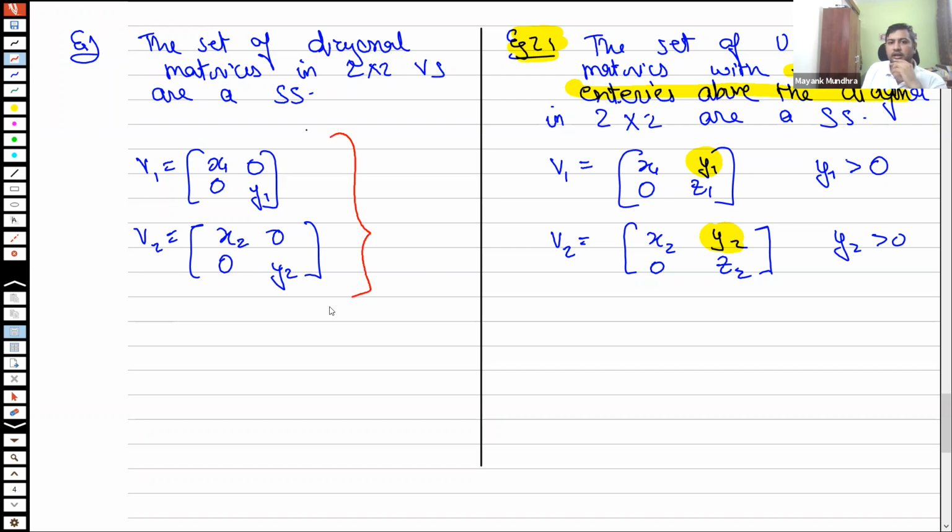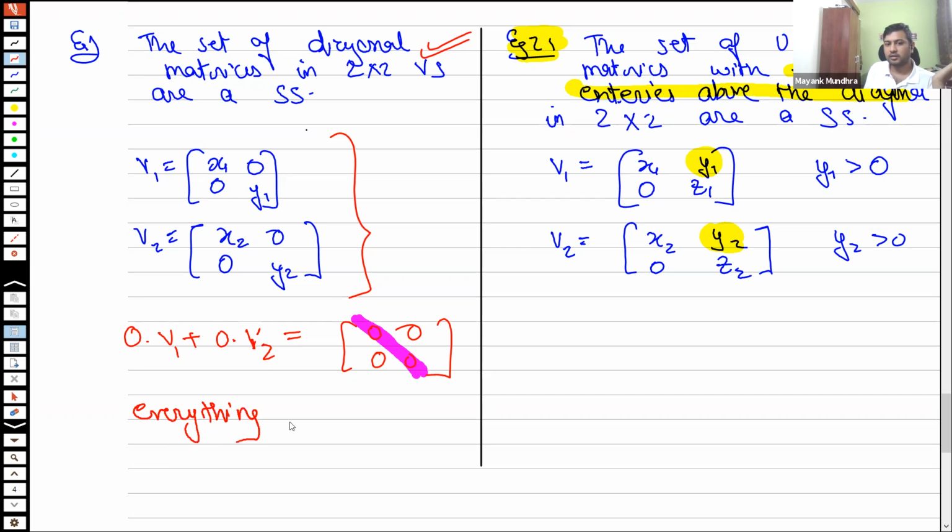So if I take 0 times v1 plus 0 times v2, basically lambda 1 and lambda 2 being 0, I get the matrix 0, 0, 0, 0, which qualifies as a diagonal matrix. What are diagonal matrices? Diagonal matrices are matrices where everything off the diagonal is 0.